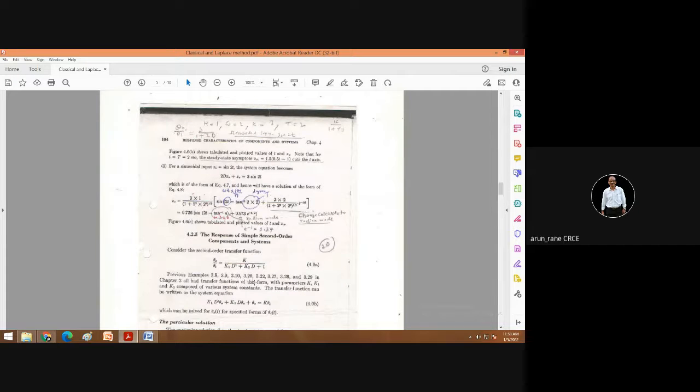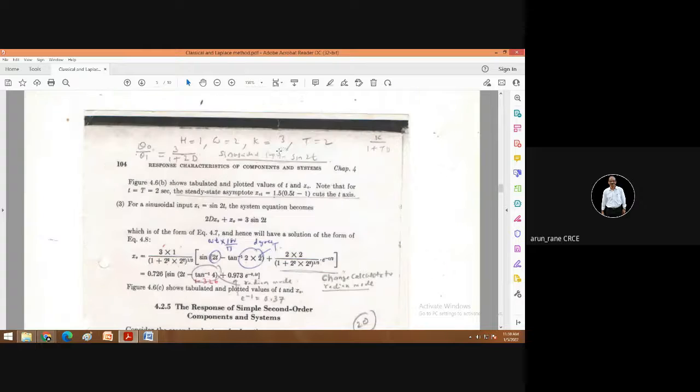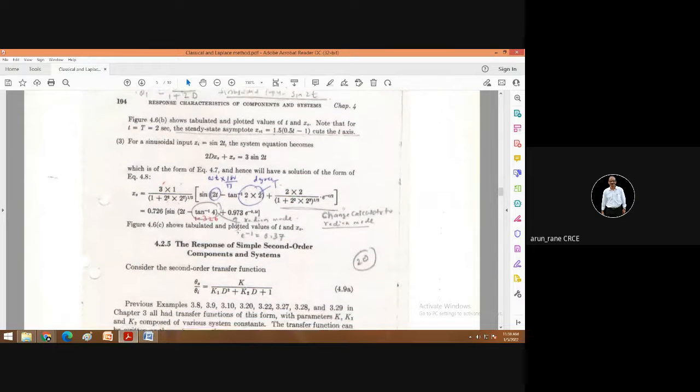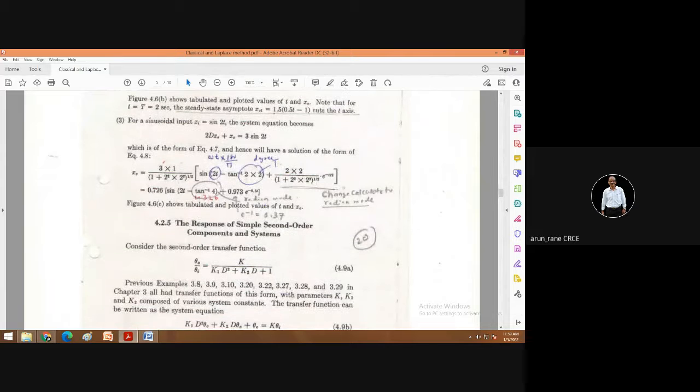Now suppose my sinusoidal input is sine of 2t. Look here, I'll zoom in. My sinusoidal input is sine of 2t.